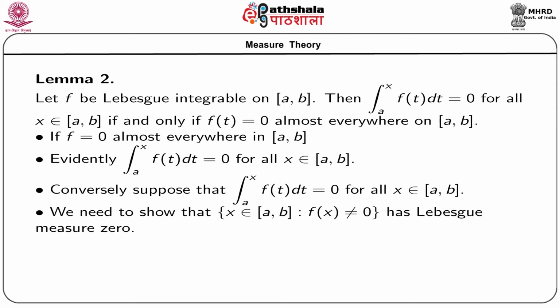Conversely, suppose that the condition holds, that is, the integral from a to x of f(t) dt is equal to 0 for all x belonging to [a, b]. We need to show that the collection of all those points x belonging to [a, b] where f(x) is not equal to 0 has Lebesgue measure 0.